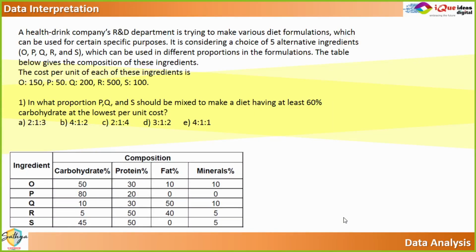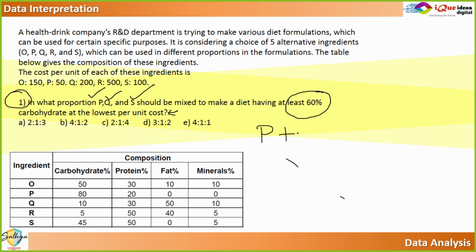So the information is there. The question is, in what proportion should P, Q, and S be mixed so that the diet has at least 60% carbohydrate and it has the lowest per unit cost?